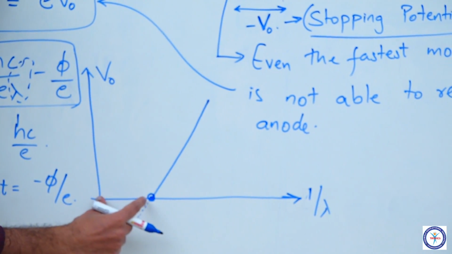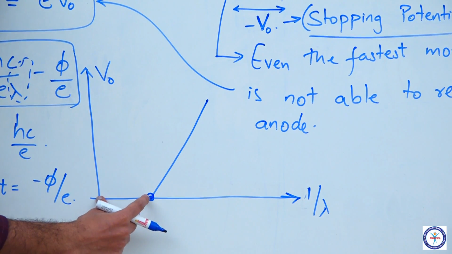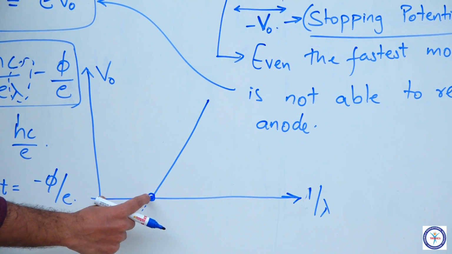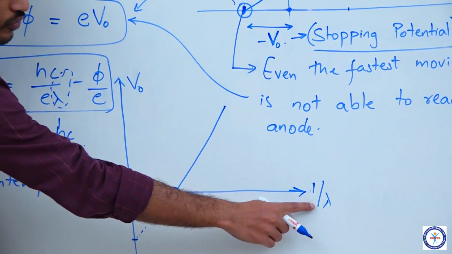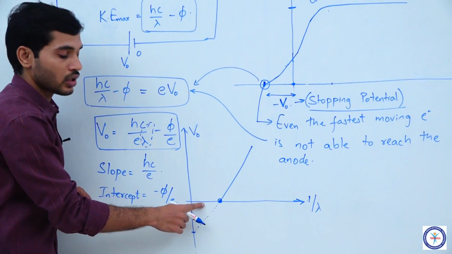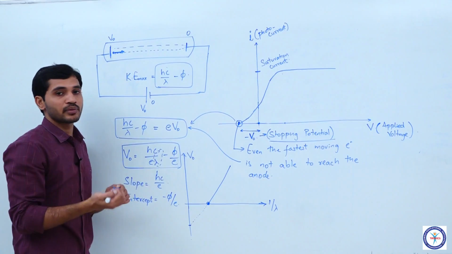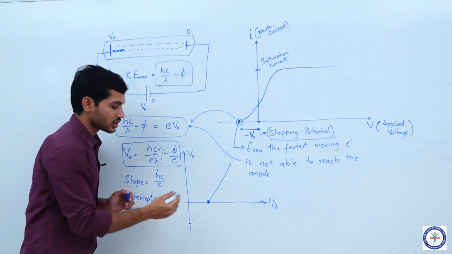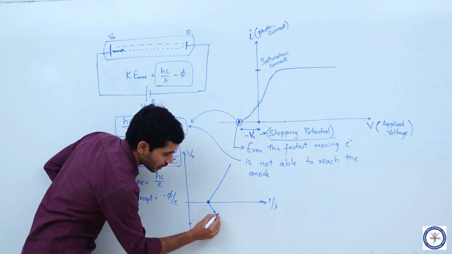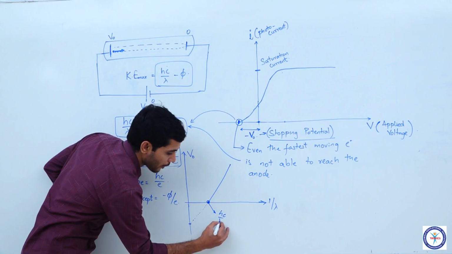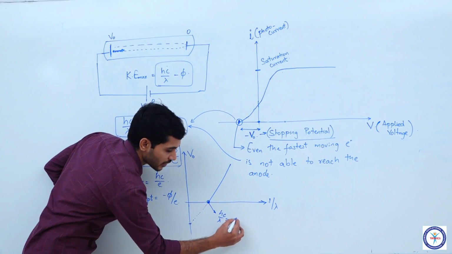The reason why I have not drawn the graph in this part is because there is no photoelectric effect taking place here. If the value of 1 by lambda is very small, it basically means that hc by lambda is very small, it becomes lesser than the work function. So, this is the point where hc by lambda is equal to phi.